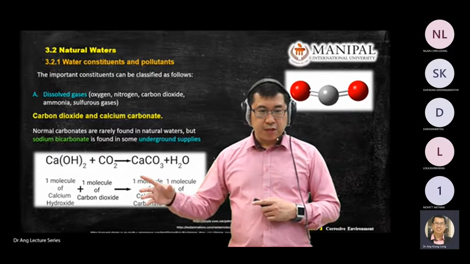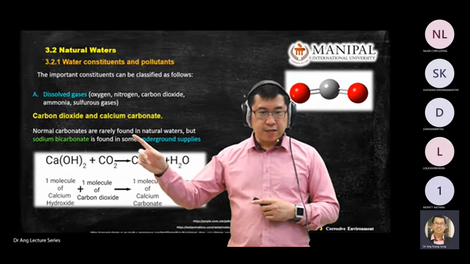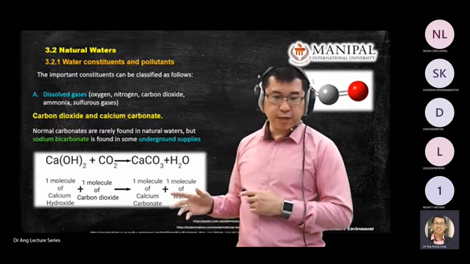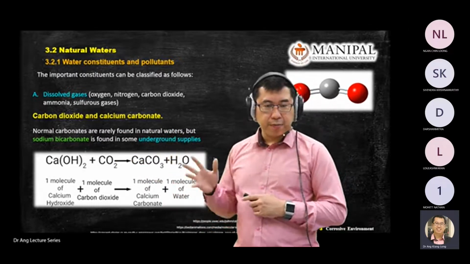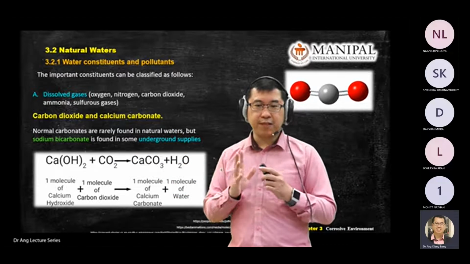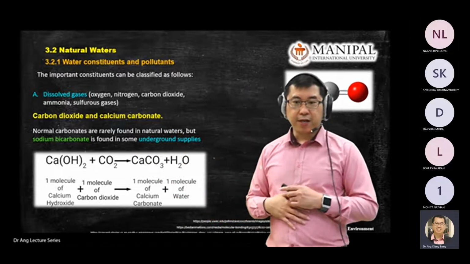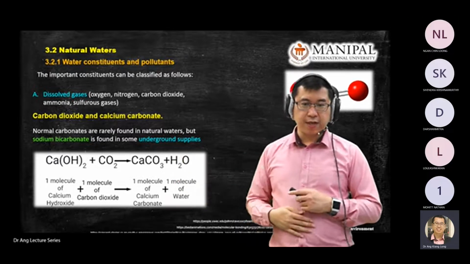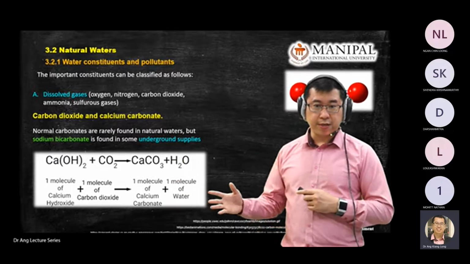Okay, so sodium, this is another example. Sodium carbonate is different from calcium carbonate, but they show similar chemical characteristics. But I give you the sample of calcium carbonate in these slides, right?